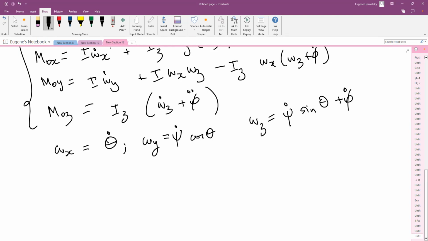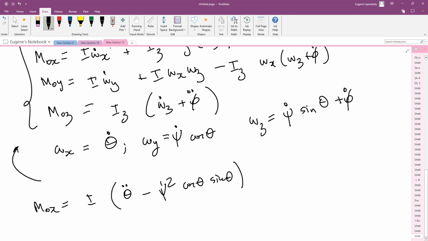Once we plug this in here, we'll have that MOX equals I theta double dot minus psi dot squared cos theta sine theta plus I sub z psi dot sine theta times psi dot cos theta plus phi dot. Well, maybe this one is still cos theta.